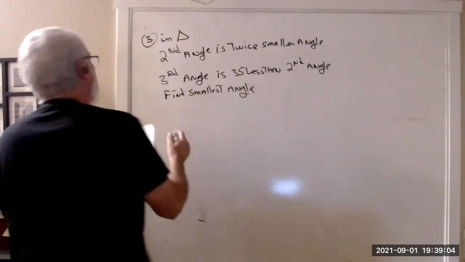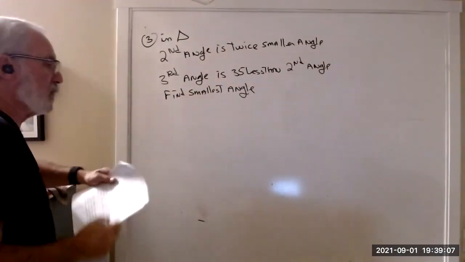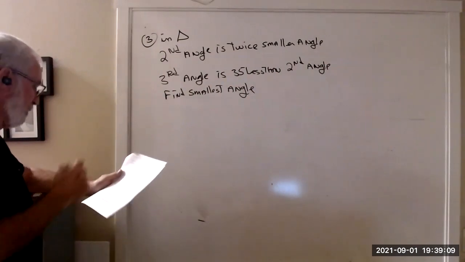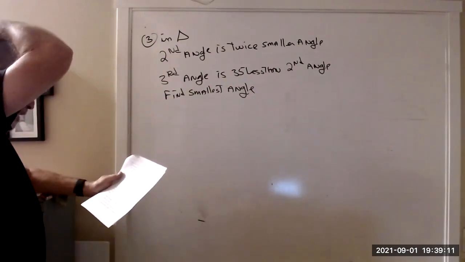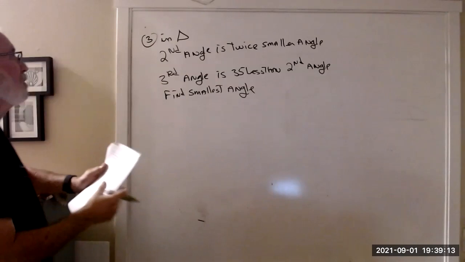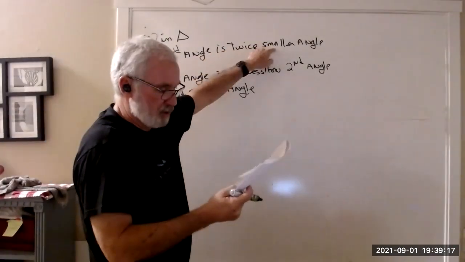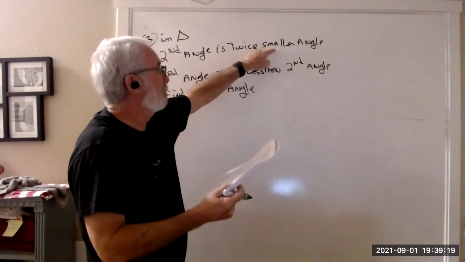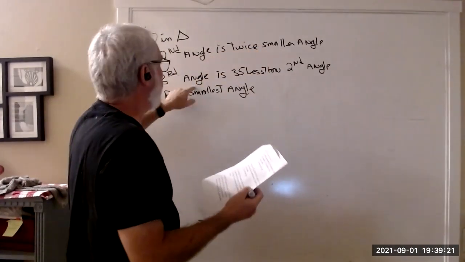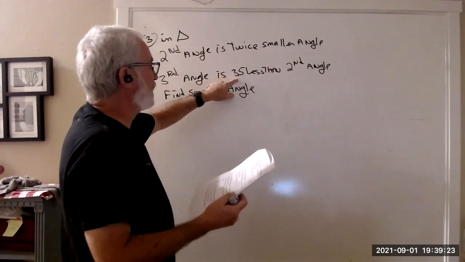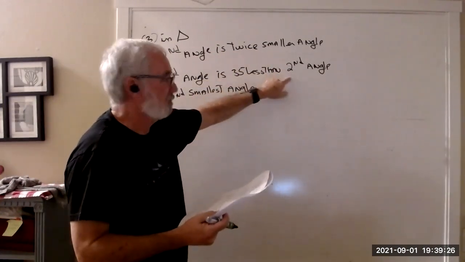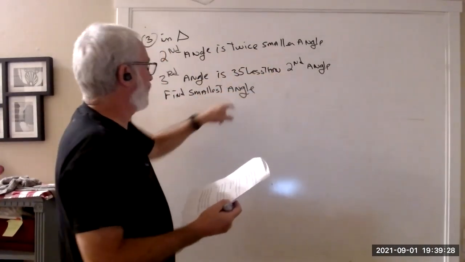Let's see. My handwriting is really crud, but I'm really hoping you guys downloaded that worksheet. It says in a triangle, the second angle is twice the smallest angle. The third angle is 35 less than the second angle. And they want to find the smallest angle.